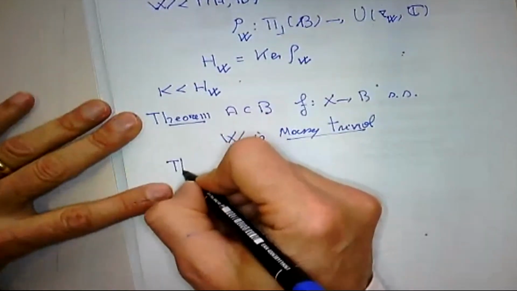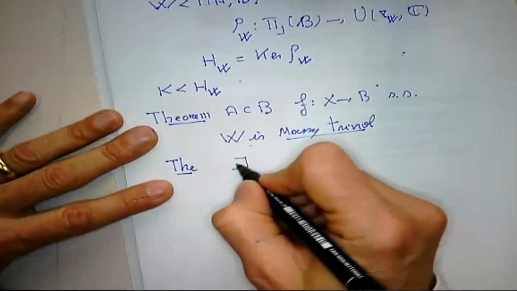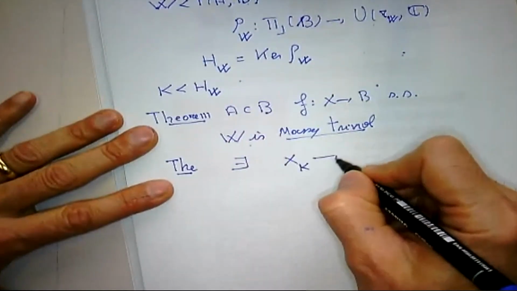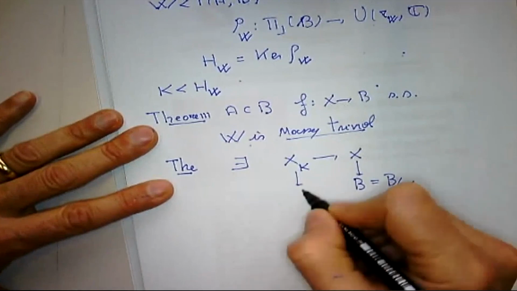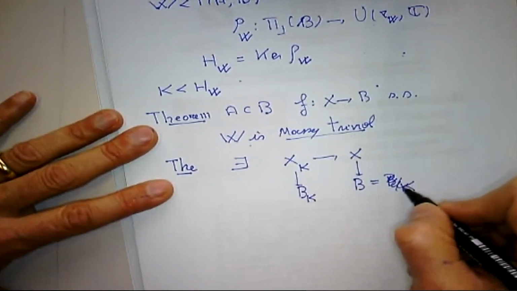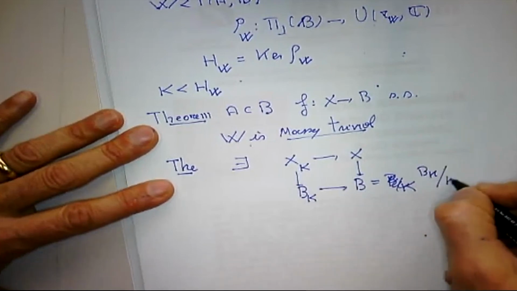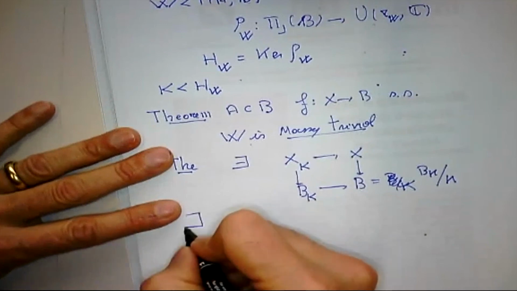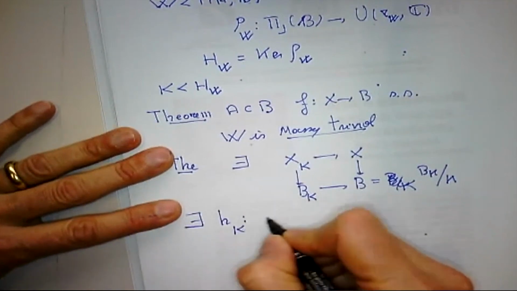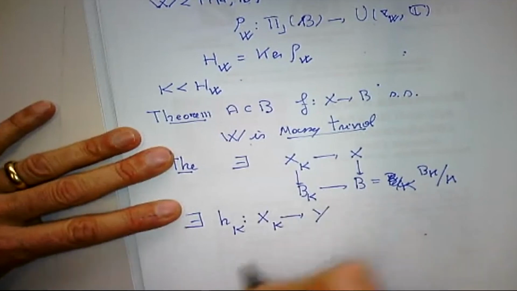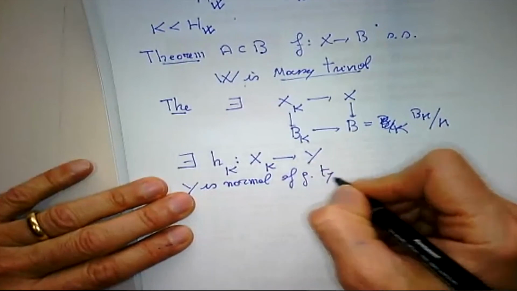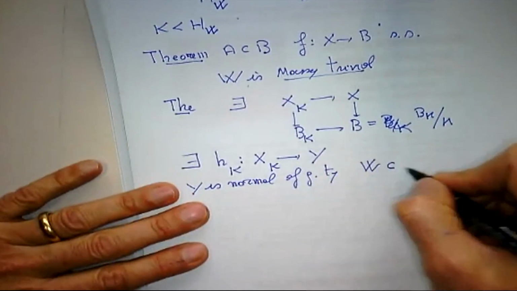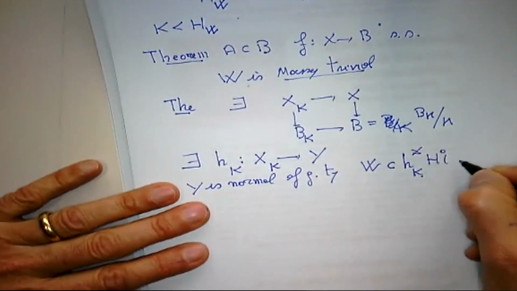Then, up to base change, I mean, there exists a base change X_K to X, B_K to B, which is B_K divided by K, and there exists a Y such that X_K goes to Y, and Y is normal of general type, and W is inside H_K star H0 Ω^1_Y.